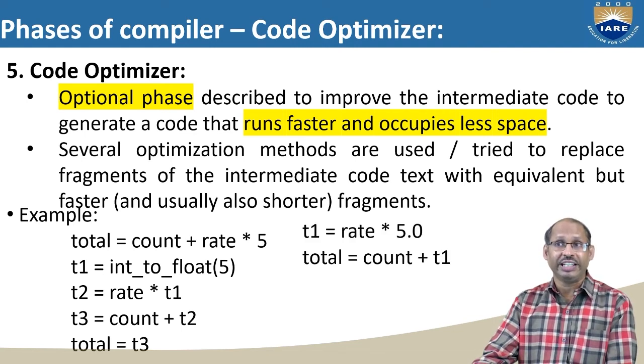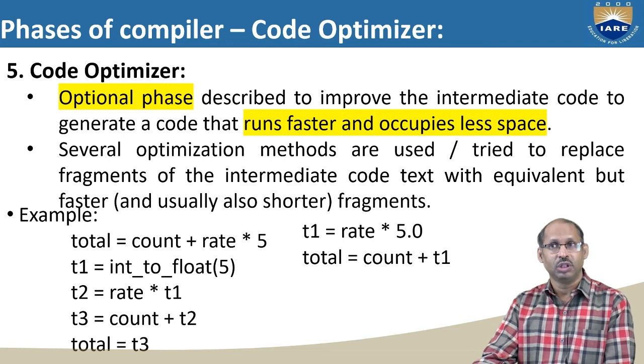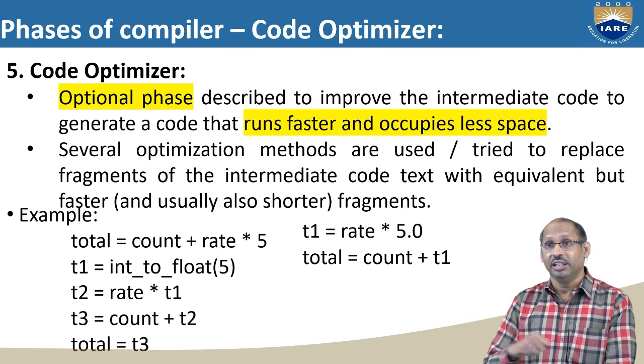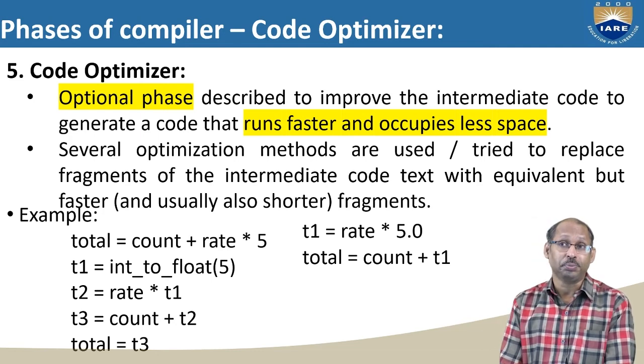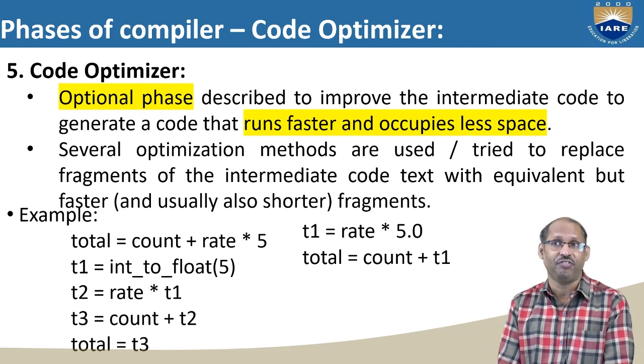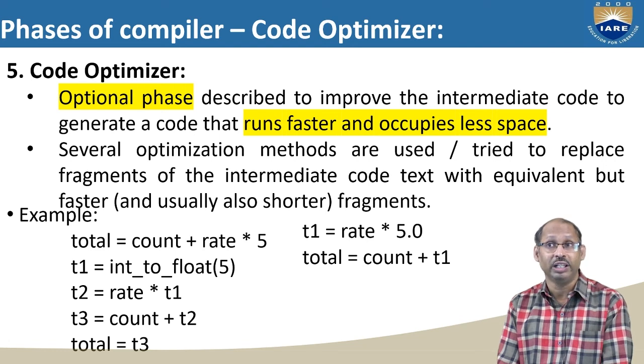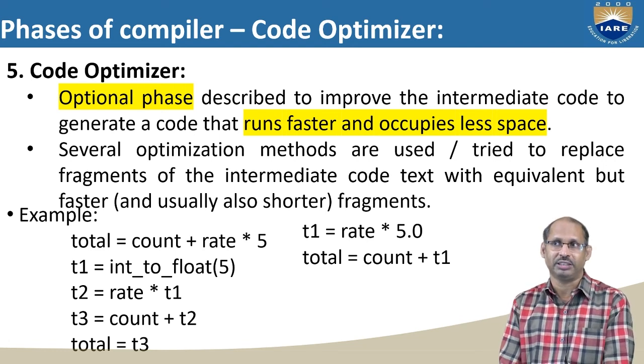T1 equal to rate into 5.0, total equal to count plus T1. Here in this intermediate representation form, how many statements are there? There are 4 statements. But in the optimized intermediate form, there are only 2 statements.